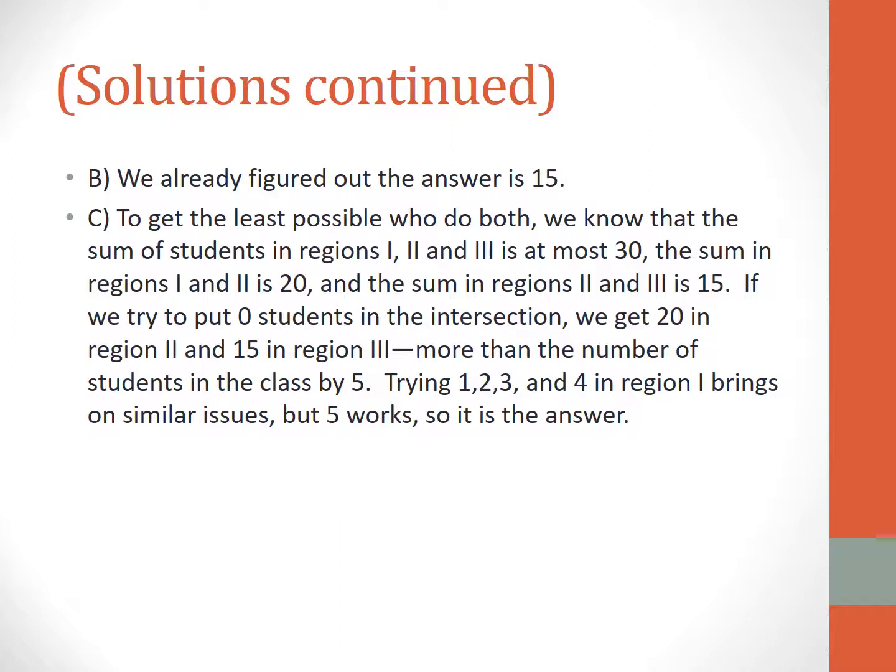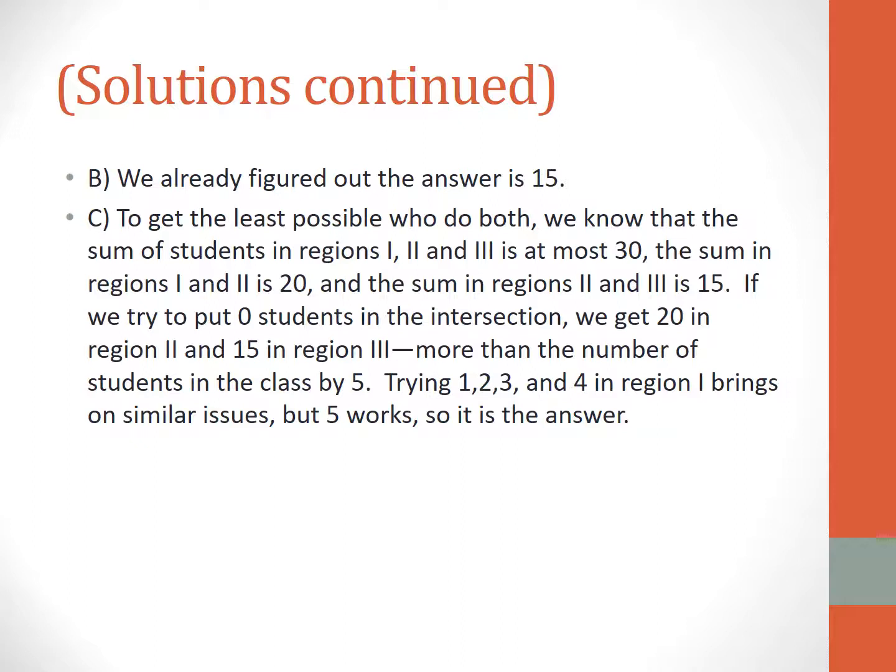And then part C, suppose I want the least possible number who do both, sleep and exercise. We know that the sum of the regions in the whole shape is at most 30. That includes the outside, but we'll try to make that as small as possible.